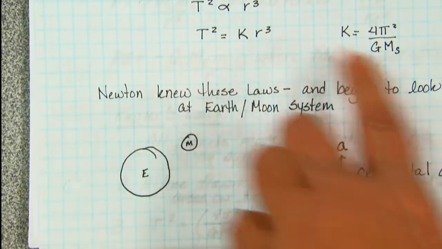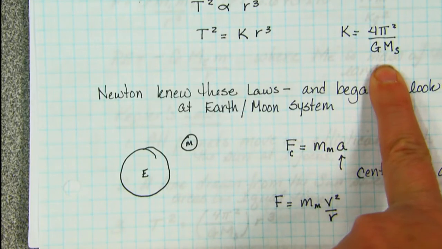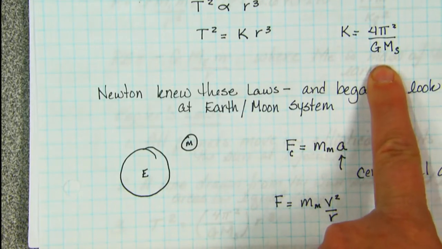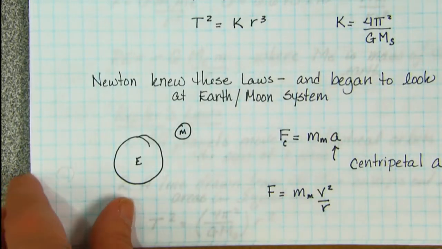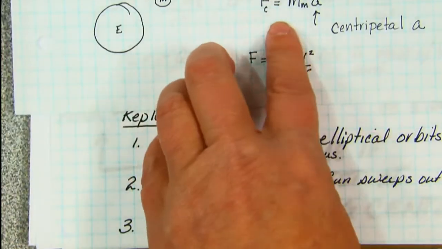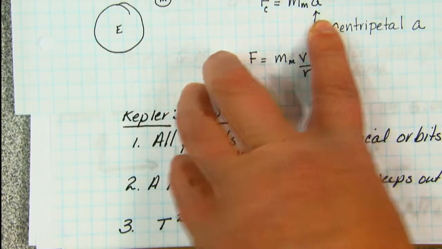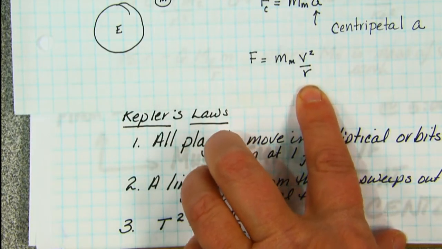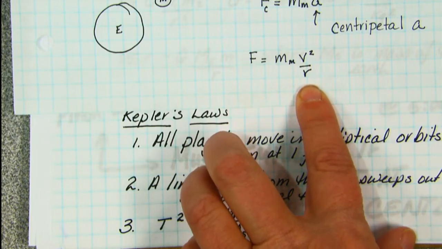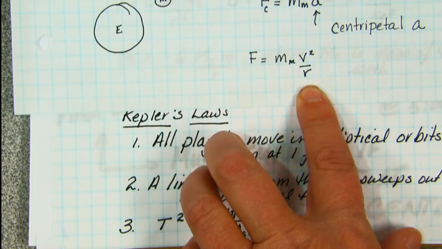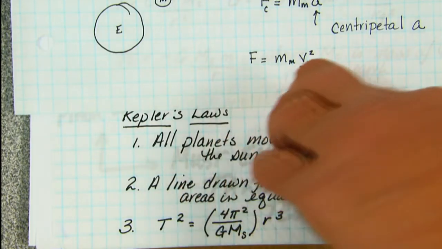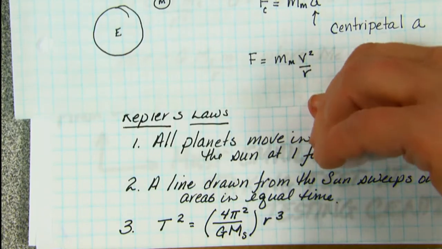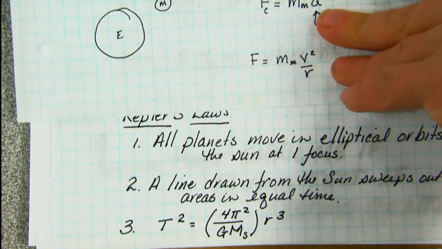And that's a constant, and my constant is going to be 4 pi squared over the gravitational constant. But we can look at our forces in terms of my centripetal force is mass times my centripetal acceleration, and my centripetal acceleration is v squared over r. So those are our planetary motion Kepler law items.